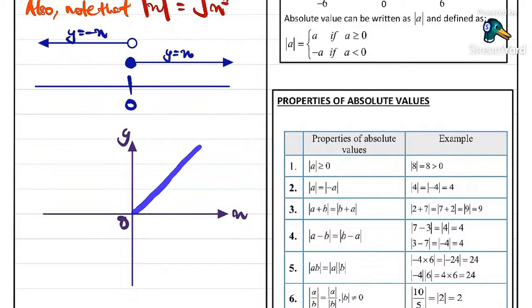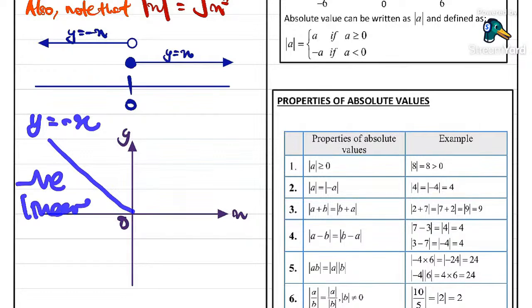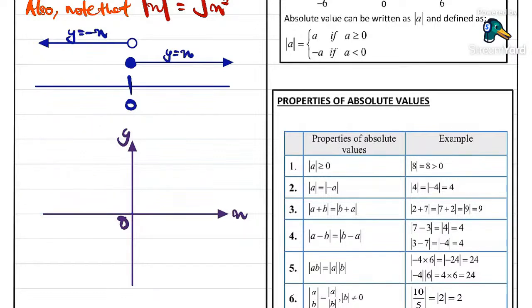At the first quadrant, this is y equals to positive x. Well, this one is y equals to negative x, which is a negative linear. So basically, you nampak dengan jelas bahawa this is actually the function of y equals to positive x, while this one is actually a function of y equals to negative x.